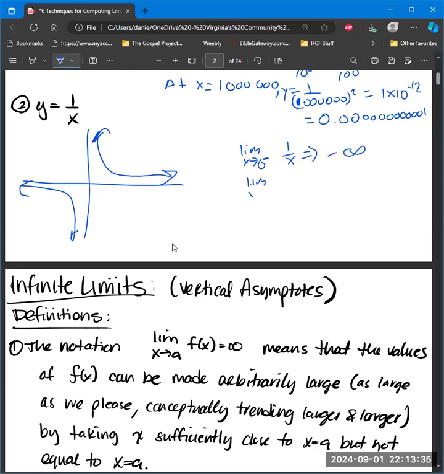The limit as x approaches 0 from the right of 1 over x is going to positive infinity. So notice that those are different signs as I change sides of the asymptote. The limit as x goes to infinity of 1 over x is going to 0, and the limit as x approaches negative infinity of 1 over x is also going to 0.